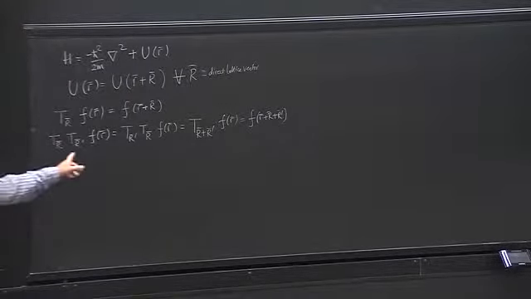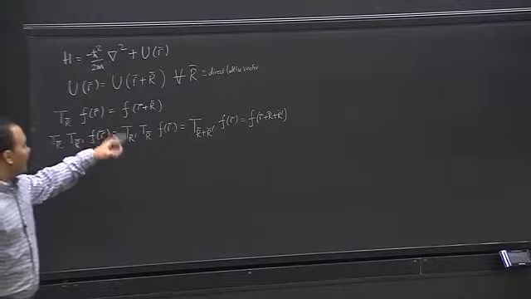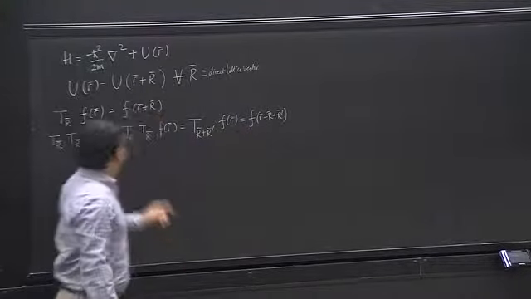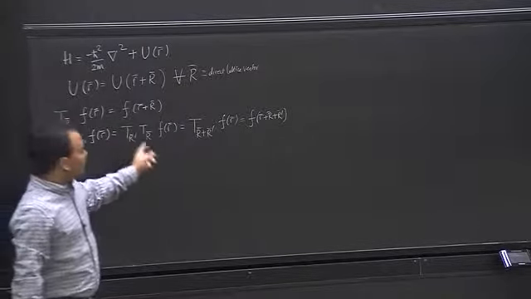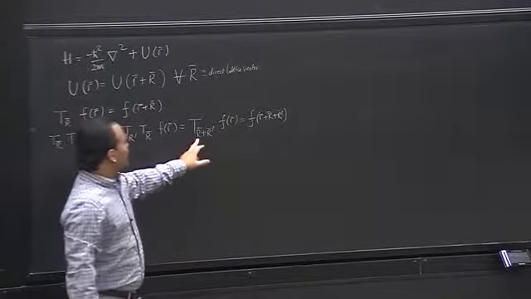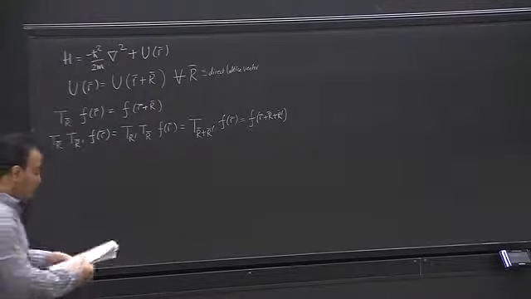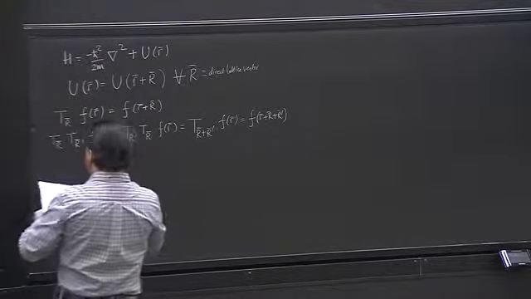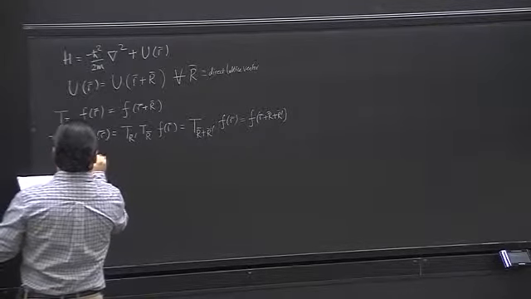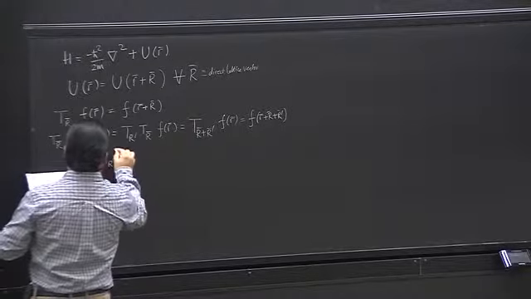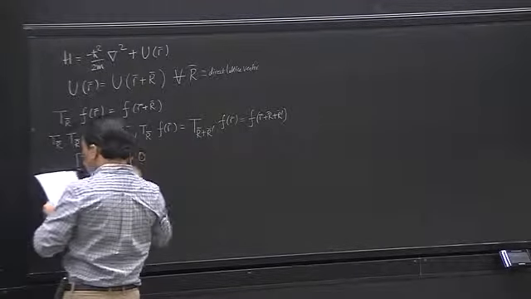So you translate by R prime first, f of r plus R prime, then translate by R, you get this. You translate in reverse order, you still get this. You translate by R plus R prime, you still get this. So what does this mean? This simply means that these two operators, T_R and T_R prime, commute.